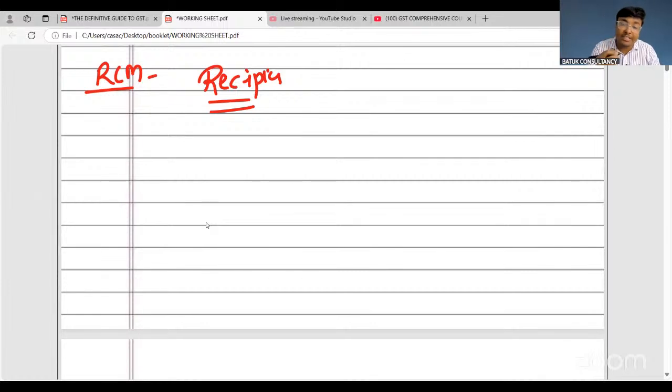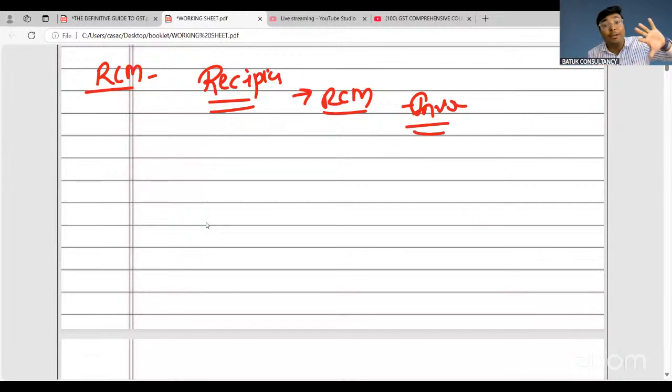So when the recipient is going to make the payment of tax, at that time the recipient has to generate the invoice, and through that invoice the recipient has to make the payment of taxes. That is called the self-invoicing mechanism.